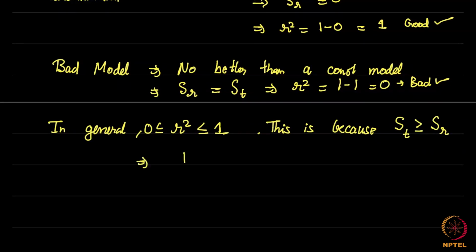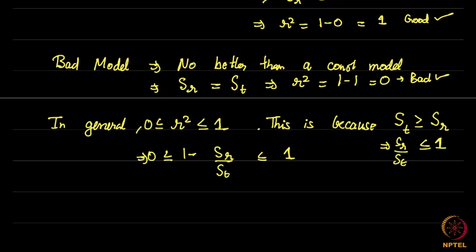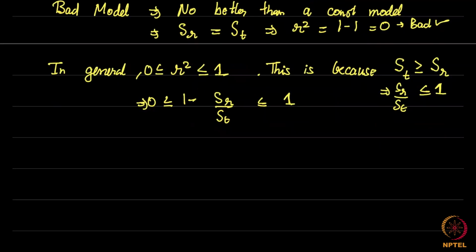This would mean that 1 minus SR by ST would always be less than or equal to 1. It will always be greater than or equal to 0, because SR by ST is always going to be less than or equal to 1. So this number will always be positive and it will always be less than or equal to 1. But why is this true?